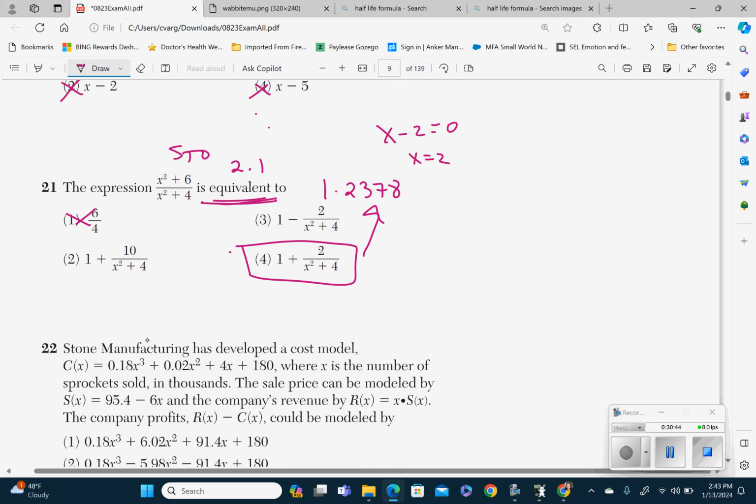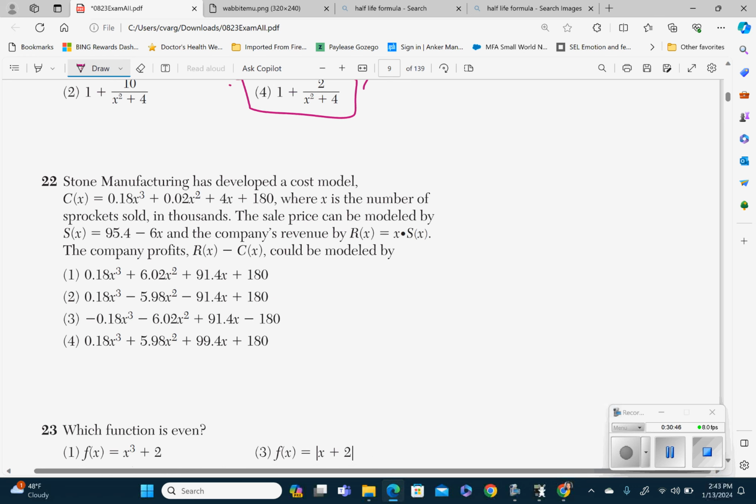Okay. Question number 22. So this one, they even give you the formula, right? R of x minus c of x. So R of x, if I take a look at that, I am given my thing that I just have to plug in. So the company profits could be modeled by.